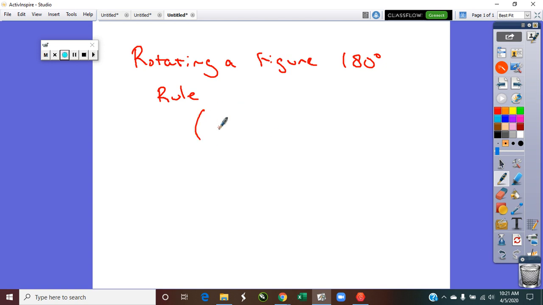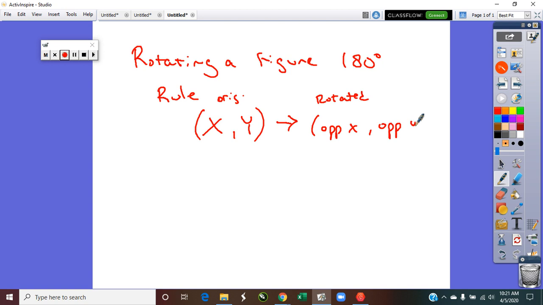Every point on a graph has an x value and a y value. This is the original, and the rotated point is going to have an opposite x and an opposite y.